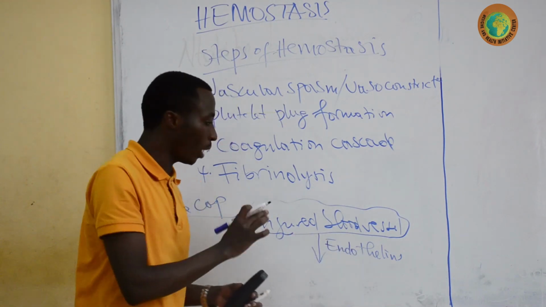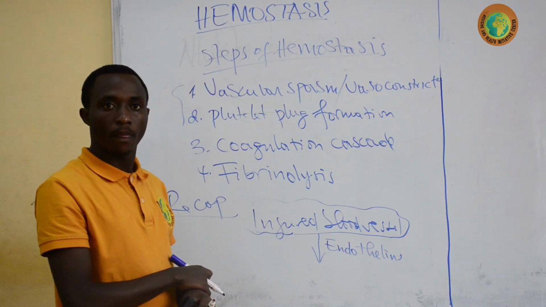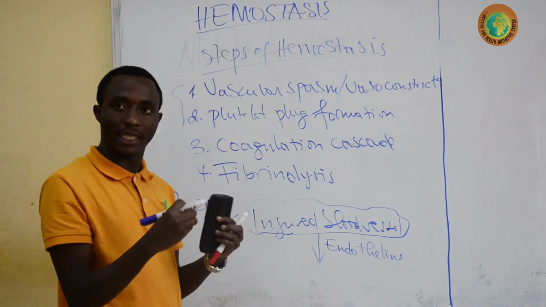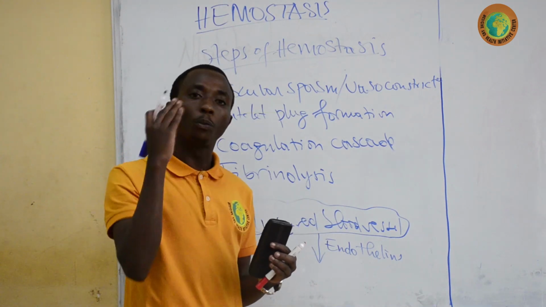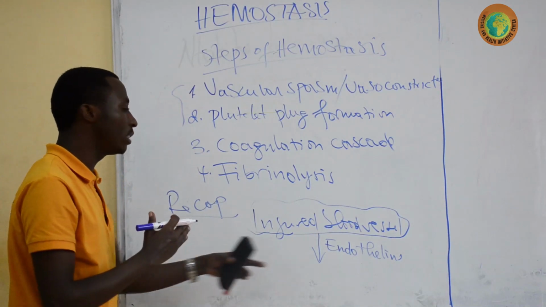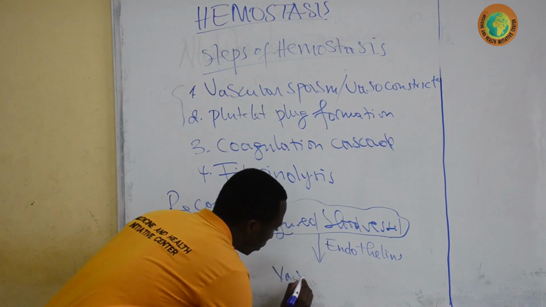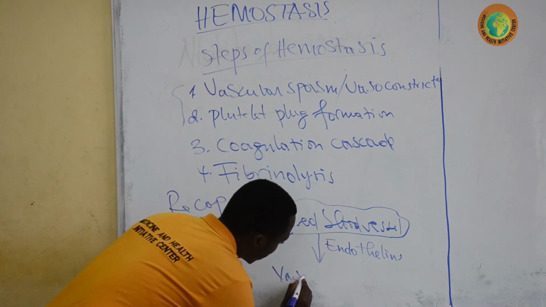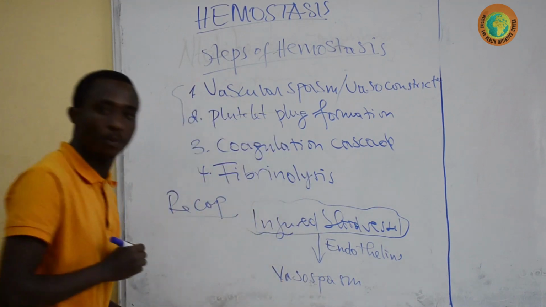What do these vasoconstrictors do? They initiate excessive contraction of the blood vessels at the site of injury to prevent further blood loss, and then they lead to what we call vasospasm, or vascular spasm.